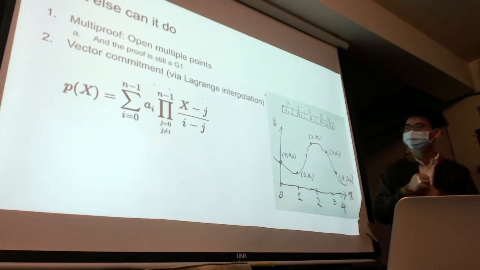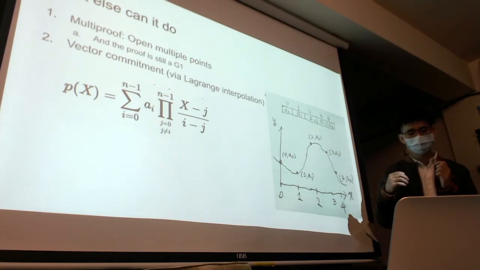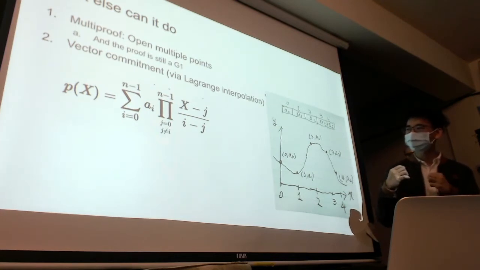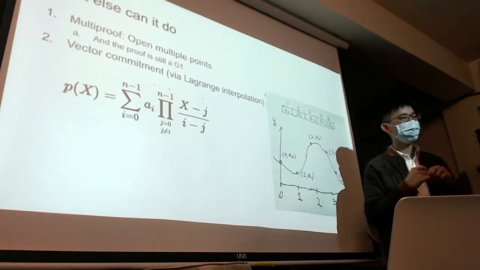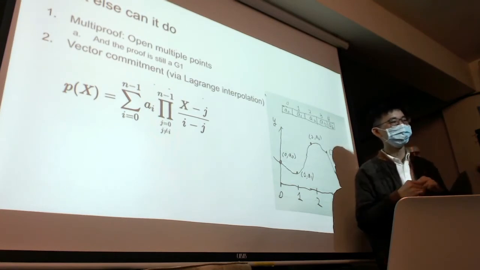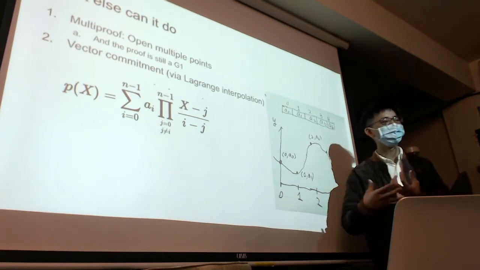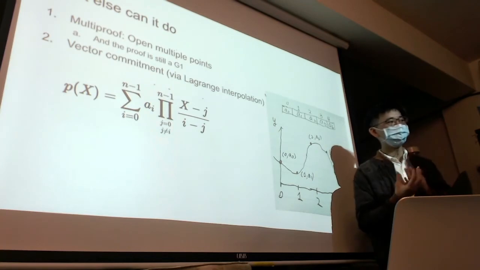Because to construct the proof, I read there's a paper called Verkle tree. It tried to combine polynomial commitment and the Merkle tree together.